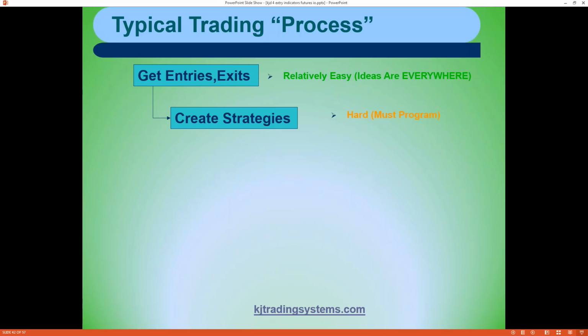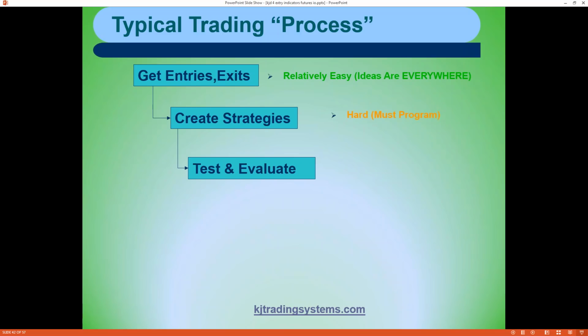Because you give a programmer a budget and tell him what you want, man, he'll go to town. So if you really want to get into algo trading and you want to do this back testing and this kind of stuff, you really got to learn to program.